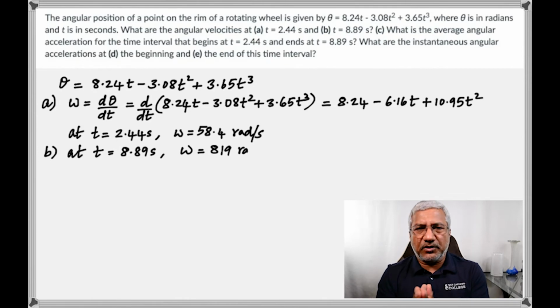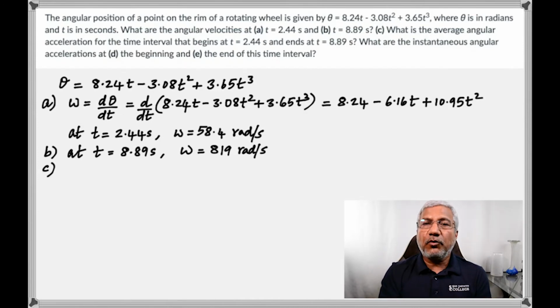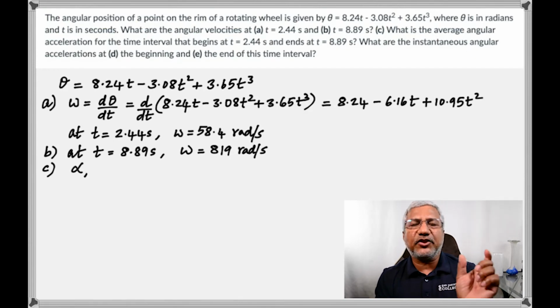Usually what students will do, when they are asked to find the average, is add these two and divide by 2, which will work sometimes, but not always. Therefore, to find the average angular acceleration, we have to find the difference.